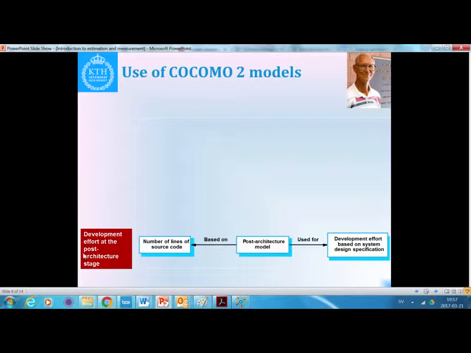So we have one model that is called COCOMO 2, developed by Barry Boehm, and he has created several models within COCOMO. One of them is this one, which estimates development effort, but you can do this estimation after you have created software system architecture.